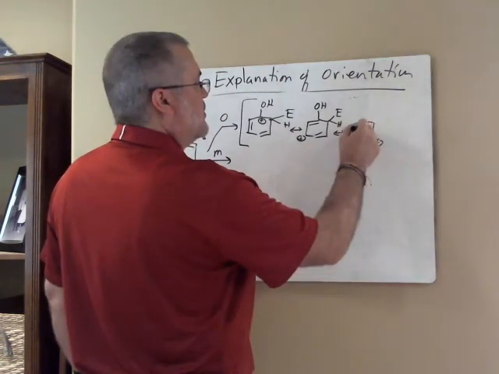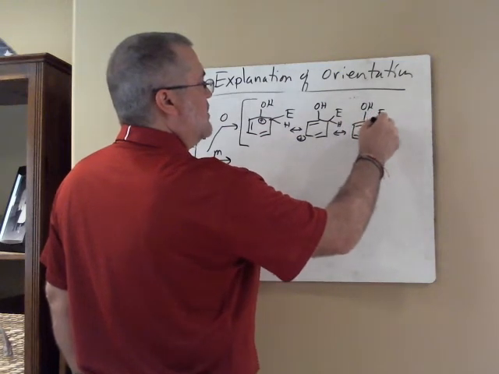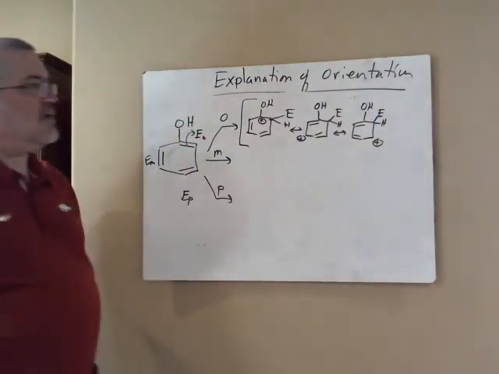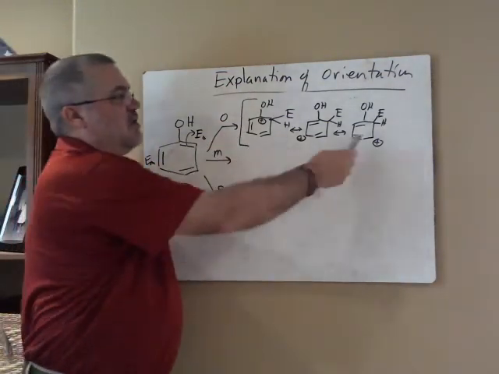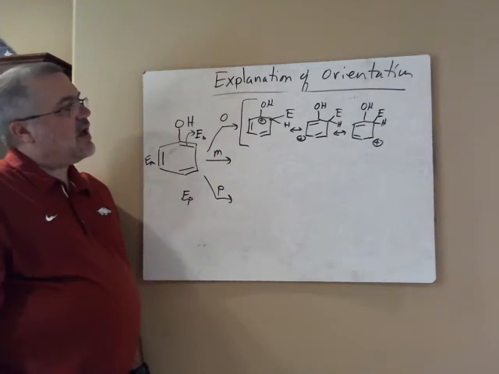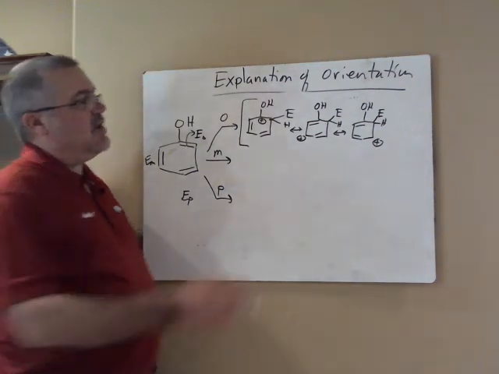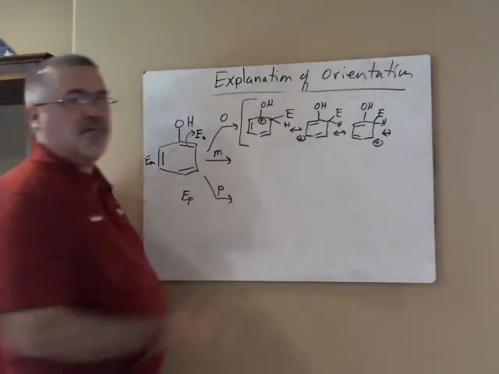All I'm doing is drawing resonance forms, which I know all of you remember how to do and can do. So there I've drawn, just like I did with the alkyl group, the three doubly allylic carbocation intermediates that can form. But in this case, there's actually one more.